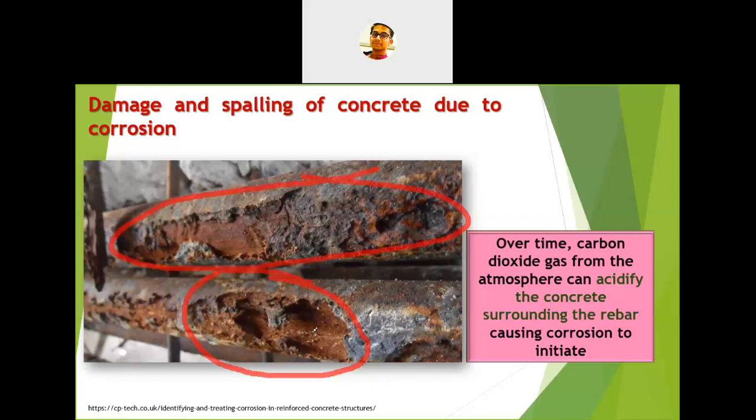Over time, carbon dioxide gas from the atmosphere can acidify the concrete. We know about the mechanism of carbonation induced corrosion. It can acidify the entire concrete system surrounding the rebar, which will break the passive film and induce corrosion. So these are some of the examples. You can see how severely the reinforcing steels may get damaged due to corrosion.